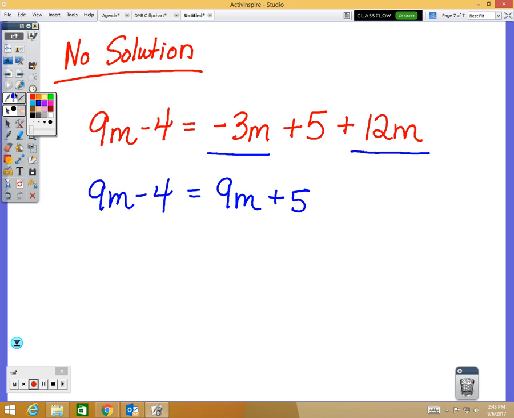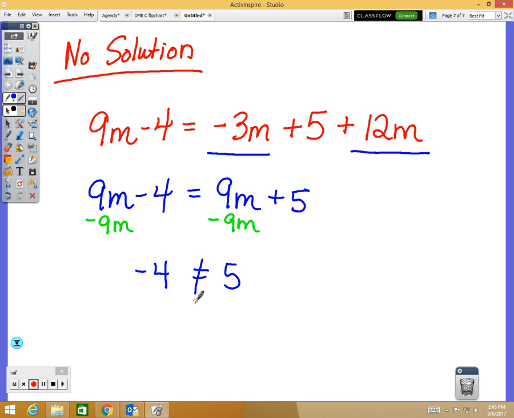Because if we move the variable on the right, then we end up with nothing here except minus 4, and nothing over here except 5, and negative 4 does not equal 5. Okay? So this would be no solution.